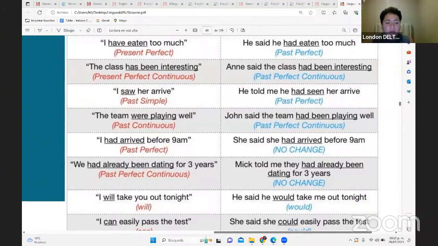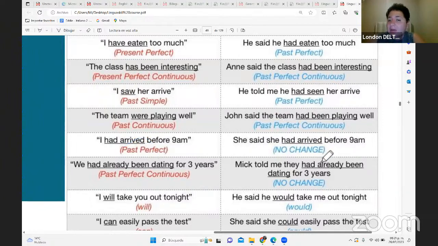Good. So the past perfect is the limit. Ya no te puedes ir más al pasado que el pasado perfecto. El pasado perfecto es como el muro, ya no se puede ir más atrás. Okay. So in this case, if you say I had arrived, había llegado, se repite el pasado perfecto.